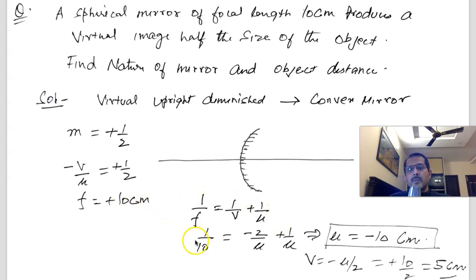Now using the formula 1 by f is equal to 1 by v plus 1 by u, I have just substituted 1 by 10 is equal to minus 2 by u plus 1 by u, and it gives u is equal to minus 10 centimeter. And the distance of the image from the pole is equal to minus u by 2, so if I substitute the value, I get plus 10 by 2, which is 5 centimeter. Okay, very good.